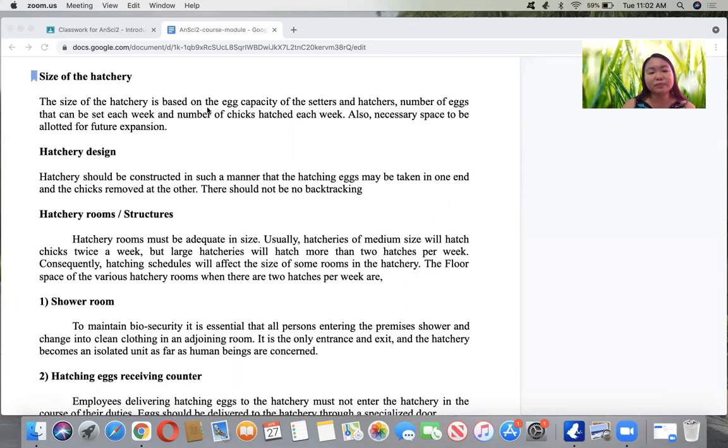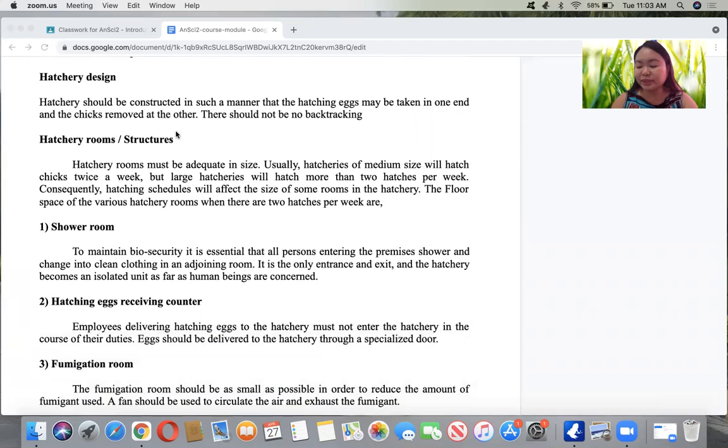The size should be based on the egg capacity of the setters and the hatchers, and the number of eggs that can be set each week, depending on the volume of production you want, and of course based on your resources and number of chicks hatched each week. Space for future expansion should also be allotted if possible. So if your business is going well, you can expand more later.